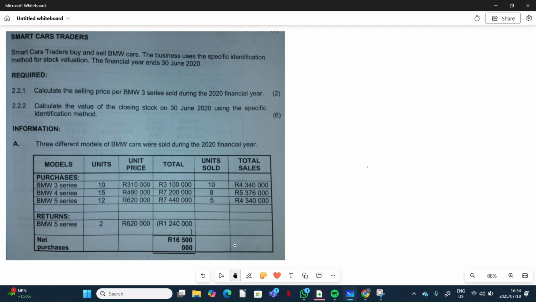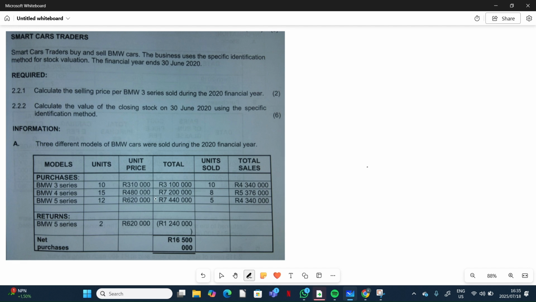Now check. They're saying that Smart Cars Traders buy and sell BMW cars, right? The business actually uses a specific identification method for stock valuation, and the financial year ends on the 30th of June 2020, right? Then they say that we need to calculate the selling price per BMW 3 Series sold during the 2020 financial year, right?